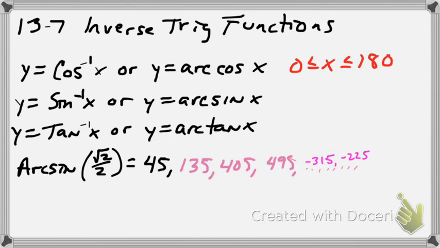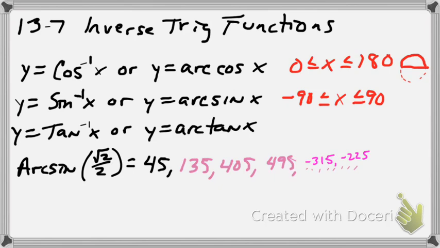So for cosine, the answers are going to be between 0 and 180. That's going to leave you with one answer. There's only going to be one answer between 0 and 180 for an inverse cosine. For inverse sine, your area that you can have an answer is between negative 90 and positive 90.